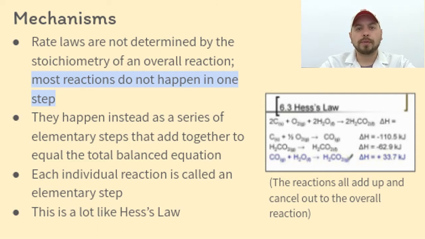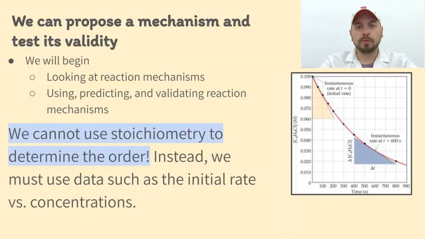What we do in kinetics is propose a mechanism and then test its validity. In this next series of videos, this is what we're going to be looking at. We're going to be looking at reaction mechanisms, using reaction mechanisms, predicting reaction mechanisms, and then validating reaction mechanisms.